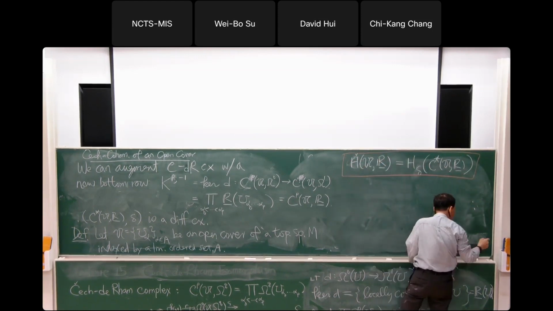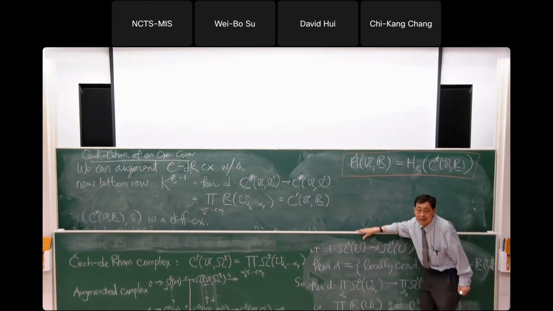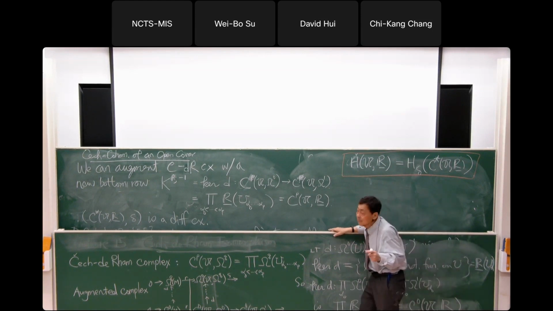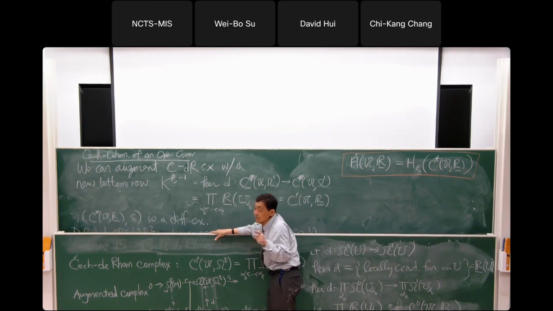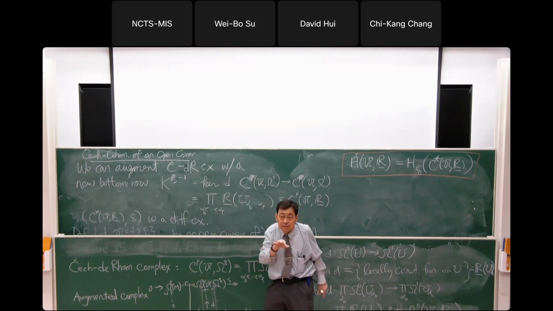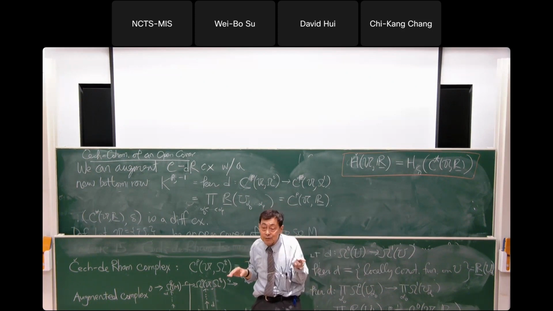Okay. And now we would like to generalize the Mayer-Vietoris principle to Cech cohomology. Now, in the proof of the Mayer-Vietoris principle, that de Rham cohomology is isomorphic to the cohomology of the double complex, we needed the fact that the rows are exact, or the augmented rows are exact.